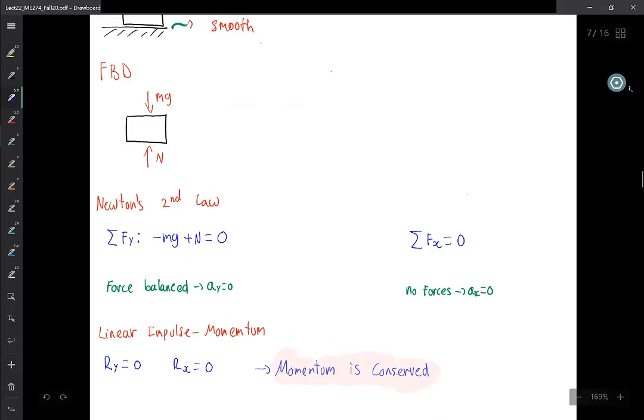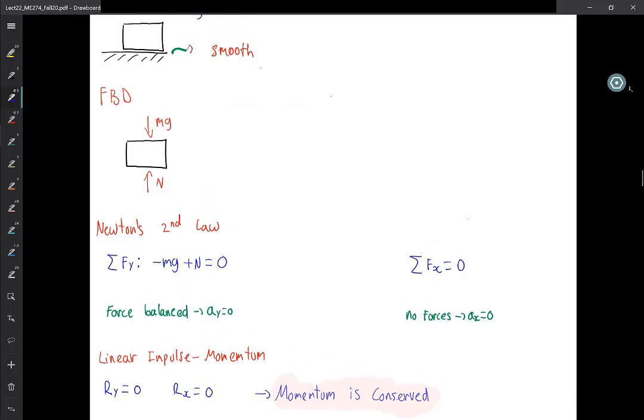Let me just ask you a question. Because this is going to come from Monday onwards, what if I look at the momentum in this, let's call it the E gamma direction? Will momentum be conserved in the E gamma direction? In this particular problem?